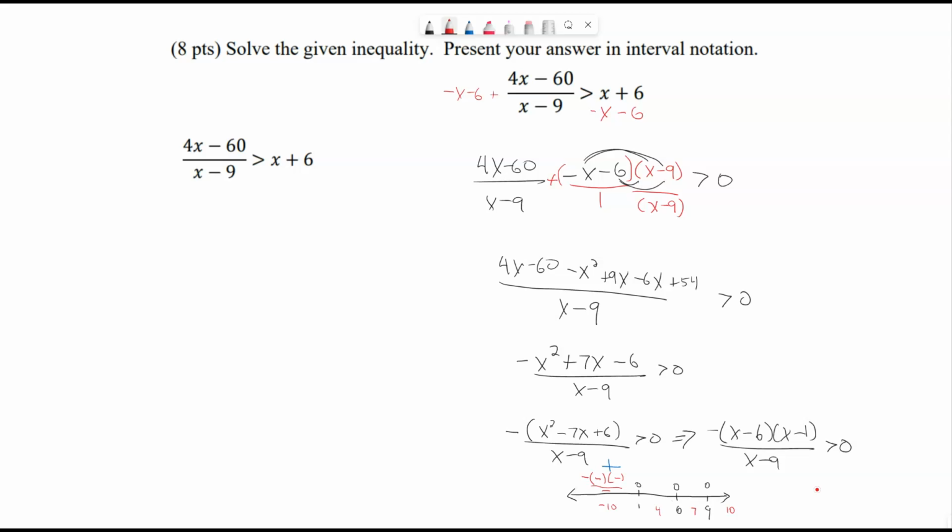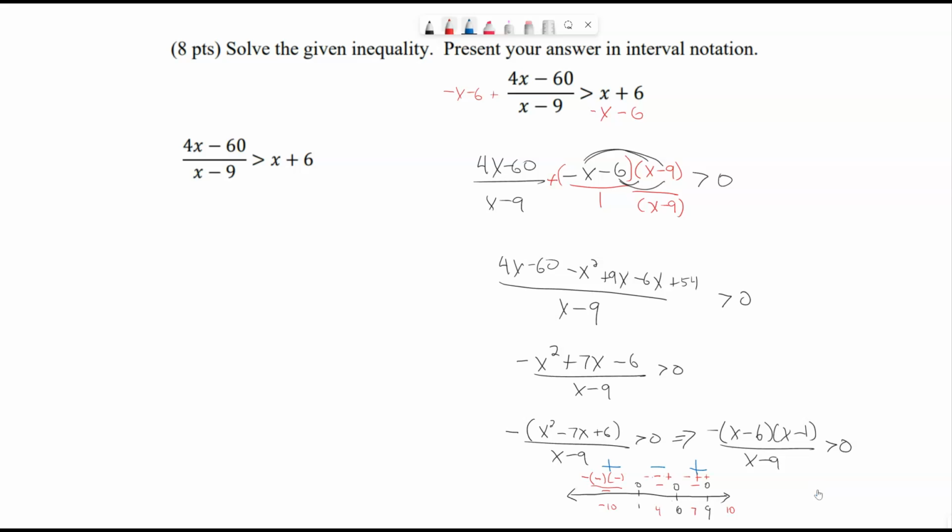For 4, we have a negative, 4 minus 6 is negative, 4 minus 1 is positive, 4 minus 9 is negative. 3 negatives makes a negative. This is multiplication or division, and so these are 2 negatives multiplied to make a positive divided by negative is a negative, etc. For 7, negative, 7 minus 6 is positive, 7 minus 1 is positive, 7 minus 9 is negative. 2 negatives make a positive.